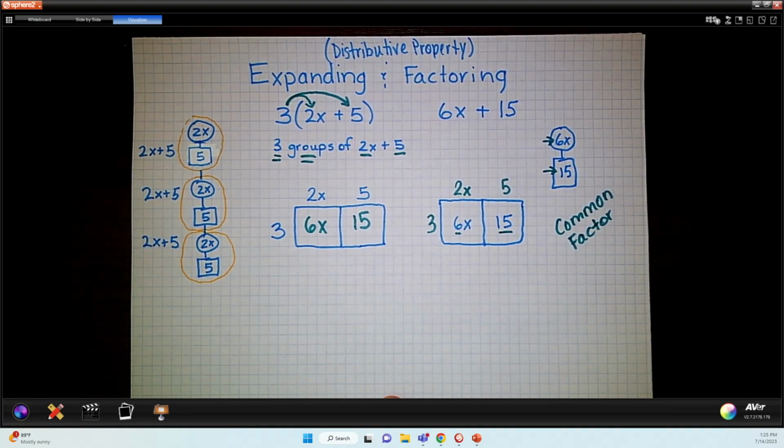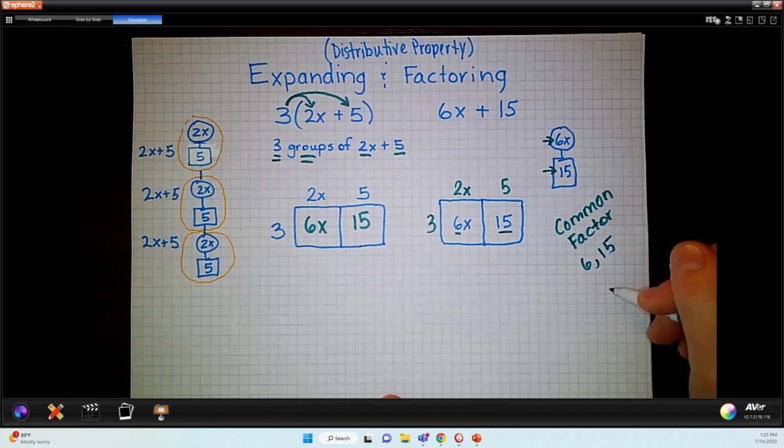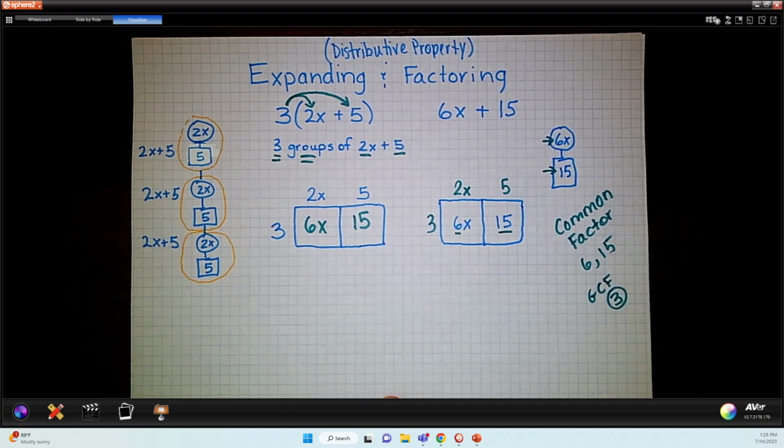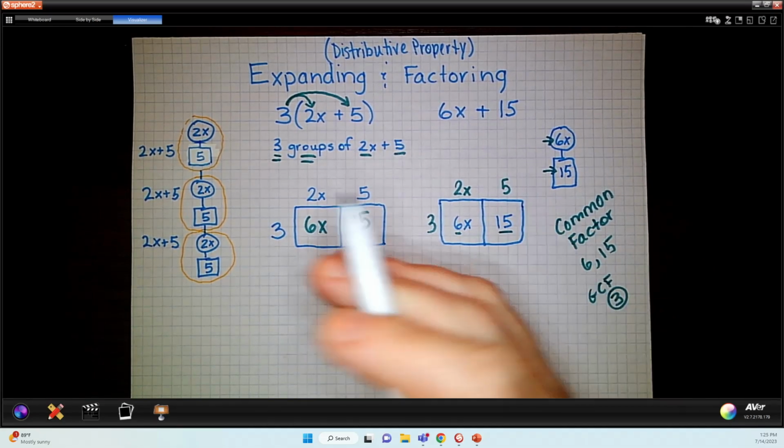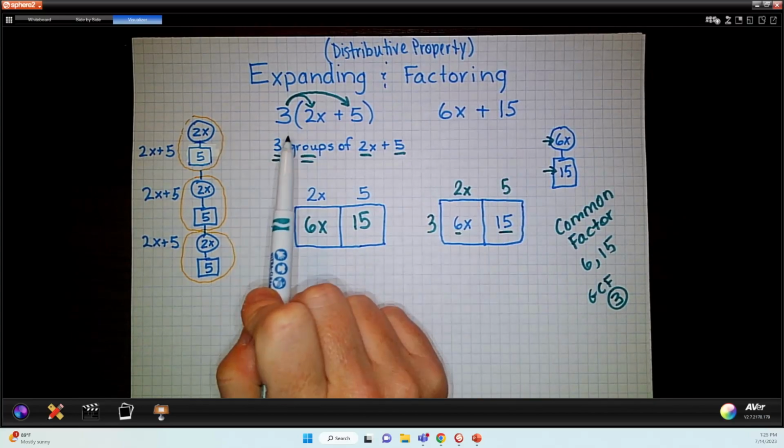So they learned this back in 5th grade as well. What do 6 and 15 have in common? And the common factor is 3. Okay, and that just happens to be the greatest common factor. So we're using that greatest common factor to figure out how we can rewrite 6x plus 15 using parentheses.